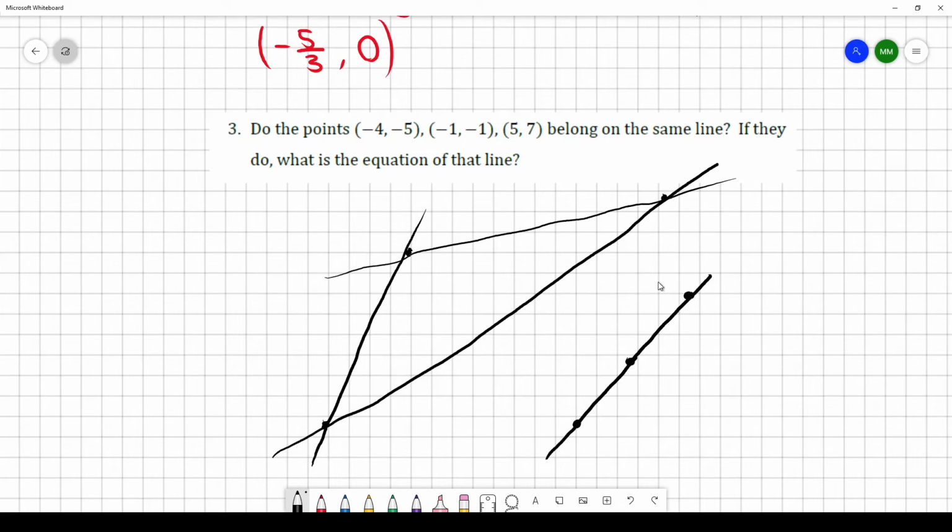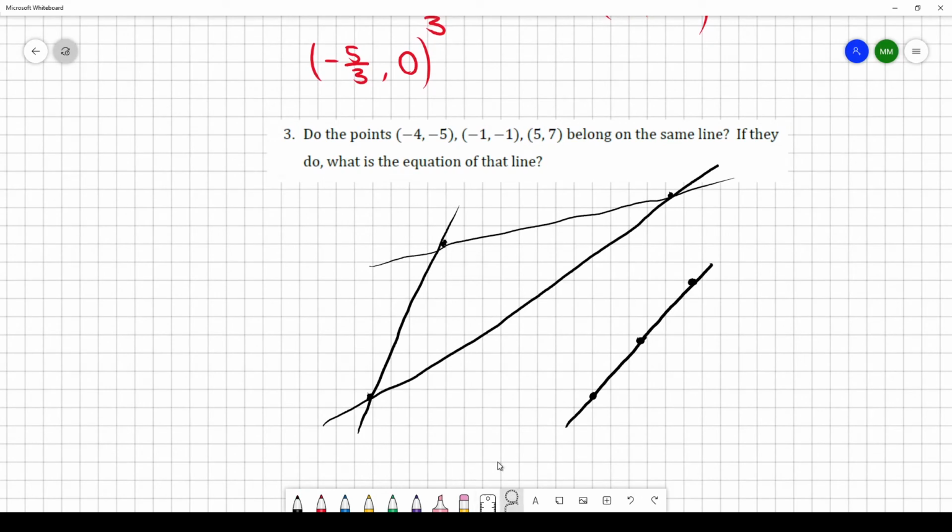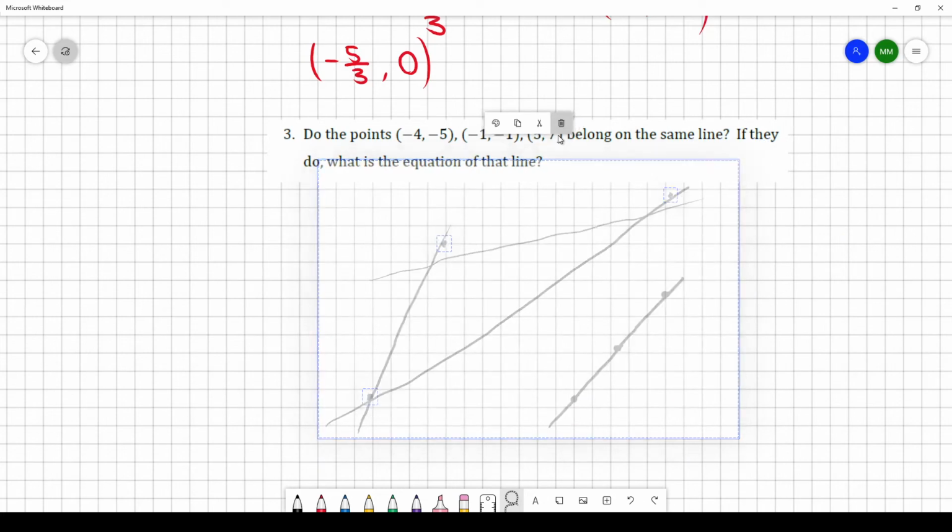So the best way to check if they are on the same line is to find the equation between all pairs of points, and see if they are the same equation. If they are the same equation, then they must be on the same line. If they have different equations, that means they are not on the same line. So let me write this down.